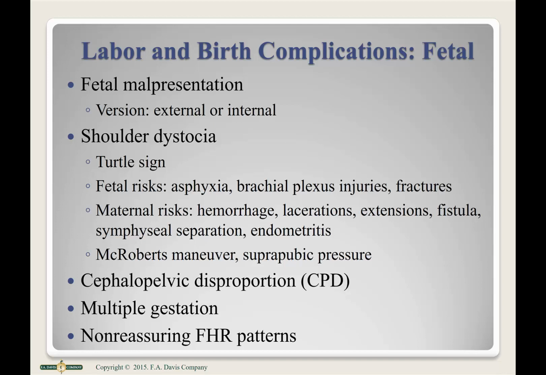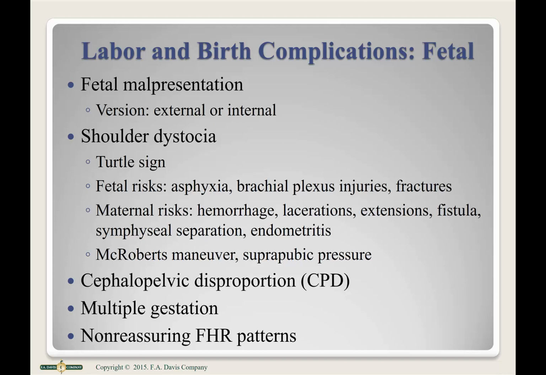This is quite uncomfortable for the woman, and it has its own risk factors. We usually do these external versions at 37 weeks. We could actually cause preterm labor by doing this, or we could cause a uterine rupture, or we can cause a placental rupture. So there are risks for this.